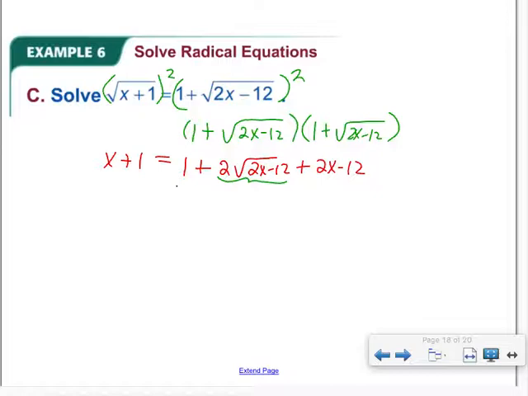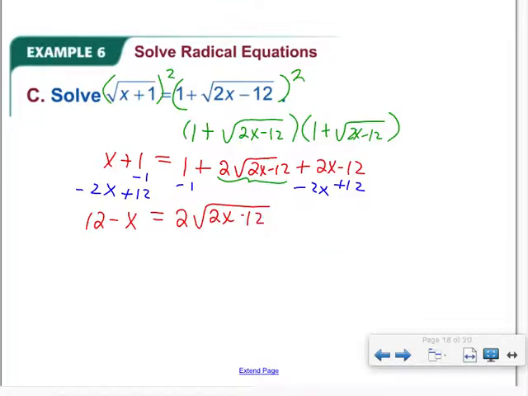So I need to move the 1. I need to add a 12. I need to move the 2x. I need everything that is not that radical to go to the other side. When I do that, I am left with 12 minus x equals 2 times the radical of 2x minus 12.